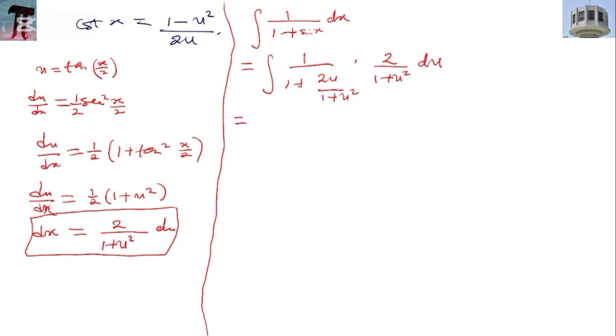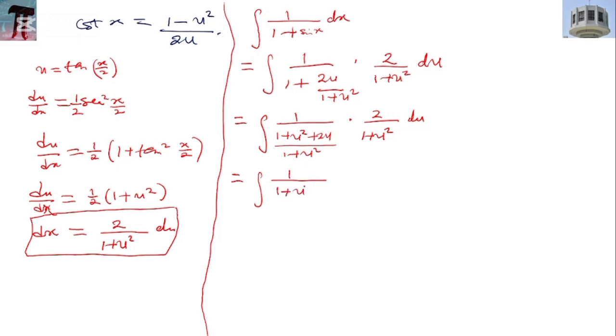So evaluating, let us unify this fraction. We are going to have the integral of (1 plus u squared plus 2u) over (1 plus u squared), inverted, times 2 over (1 plus u squared) du, and then we can write this quadratic as (1 plus u) squared.